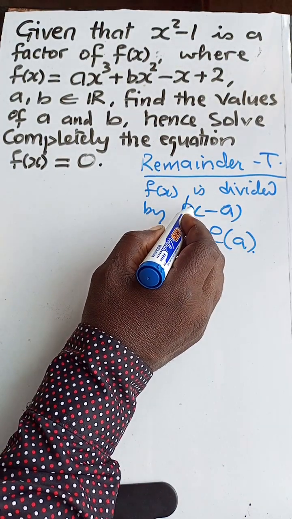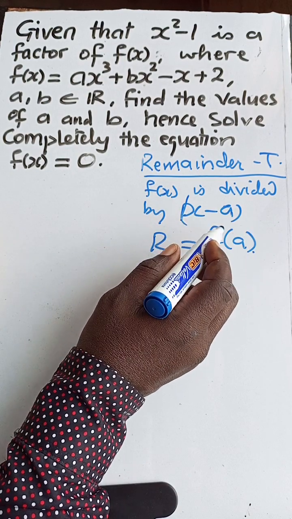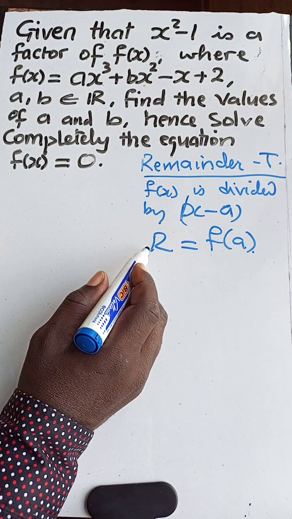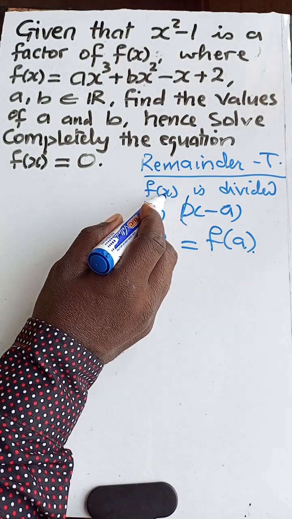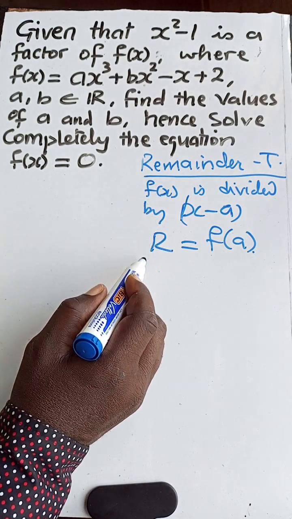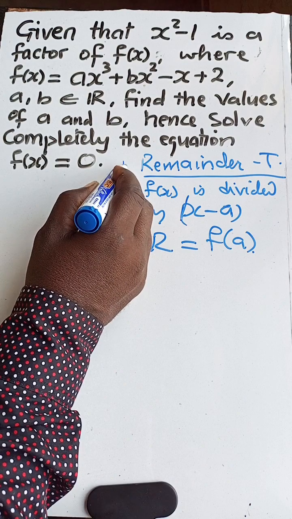So what have we done? We first of all set x minus a equals to 0, and we'll have x equals to a. And then we'll put that value of x in the polynomial expression. We're going to get the remainder. So that's the first theorem.